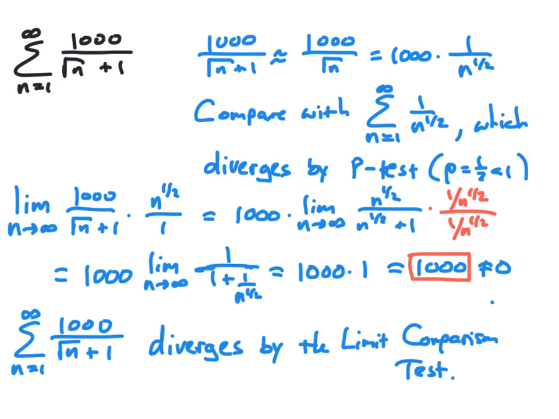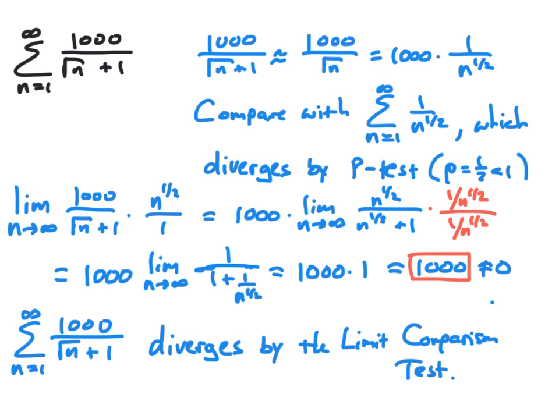In this case, p is equal to 1/2, and 1/2 is less than 1. It's worth noting that we're using the series 1 over n to the 1/2 as our comparison series here. You could also use 1,000 times 1 over n to the 1/2, and the calculation will be fairly similar and the conclusion will be identical.